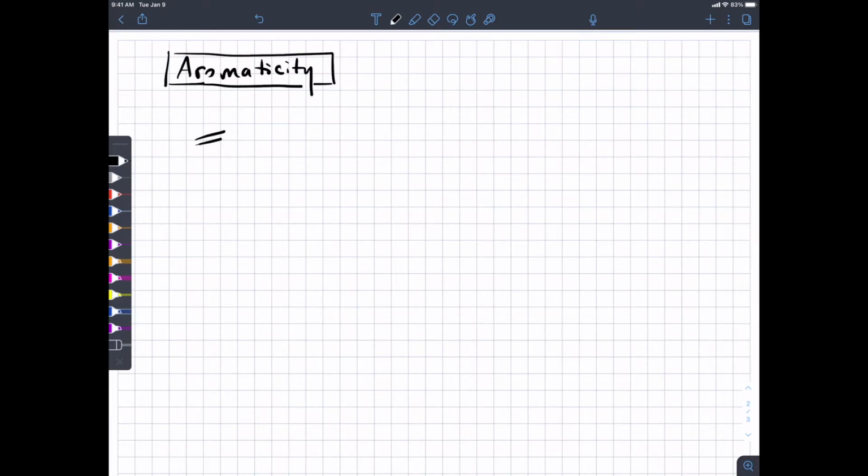You'll recall that in 351, you learned that you can use an acid to react with an alkene as a nucleophile, where the alkene attacks the proton on the acid to give you a good leaving group. You get a carbocationic intermediate that then gets attacked by Br- to give you this product. And you may have noticed that we've done a lot of these reactions in the presence of phenyl groups, which also have double bonds.